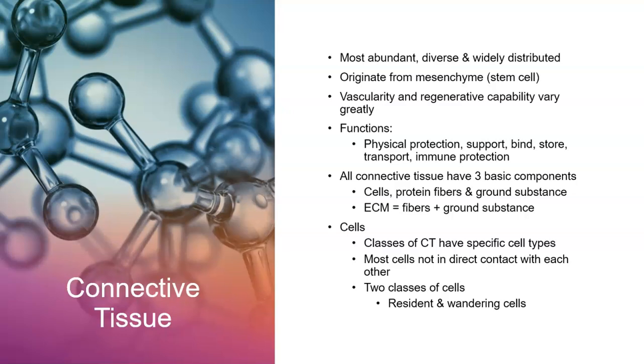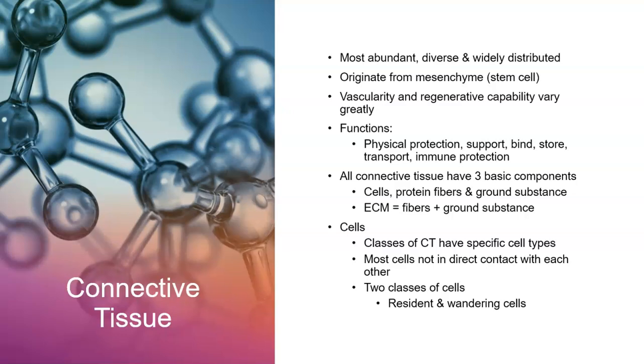Okay, now the types of proteins and the types of cells are going to vary based on the tissue type, where it's located, and what its job is, as does the extracellular matrix and the protein fibers. When we think about the cells that are found in connective tissue, again, it's going to vary based on the tissue.